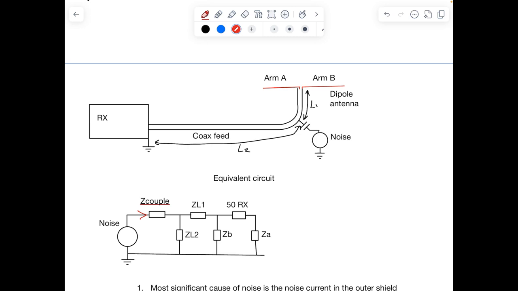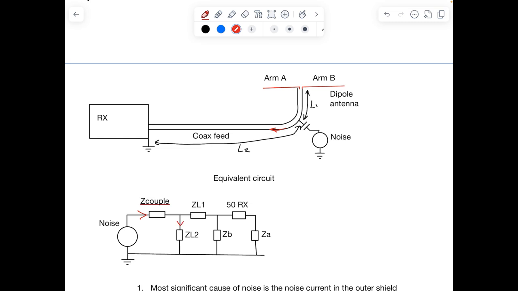Now ZL2 is the impedance that that particular length L2 of wire will present back down to ground. So there will be a current flowing back down the coax towards the receiver on the outer surface of the coax, and it will flow into an impedance of ZL2.